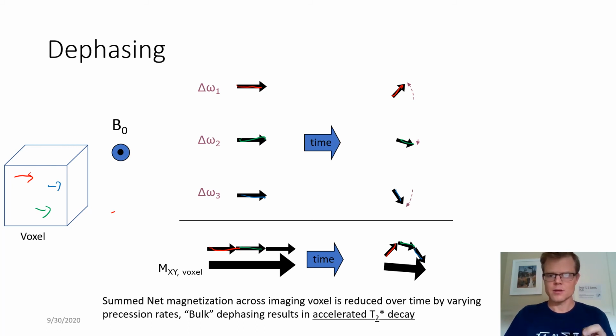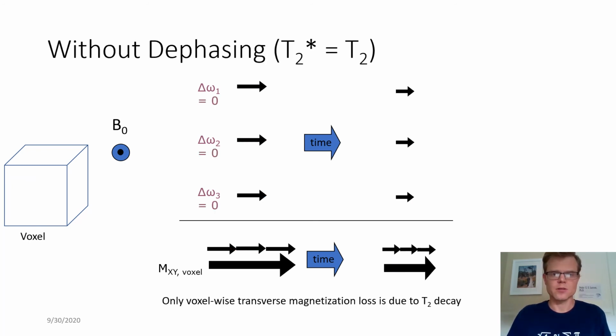And there's also T2. If we had no intravoxel dephasing, with a perfectly homogeneous magnetic field within our imaging voxel, we would get a case like I'm going to show on the next slide, which is like this. Here we do have all the net magnetizations shrinking due to T2 decay, but no additional rotations due to local changes in the magnetic field.